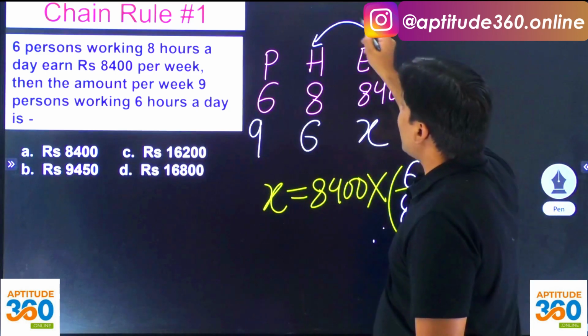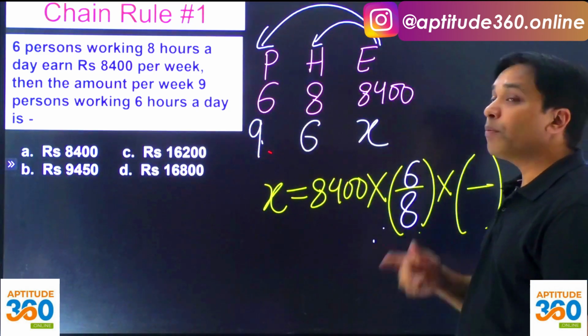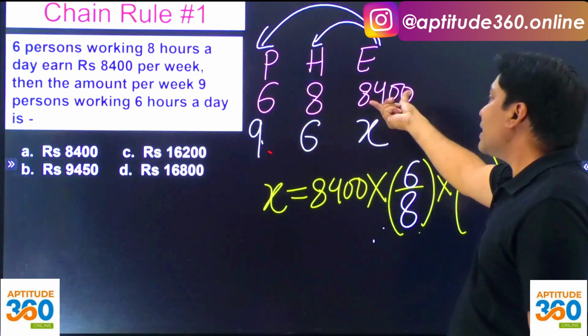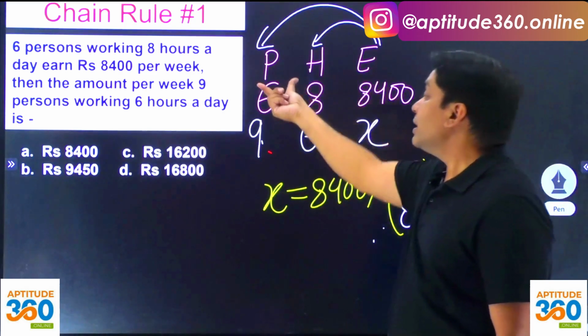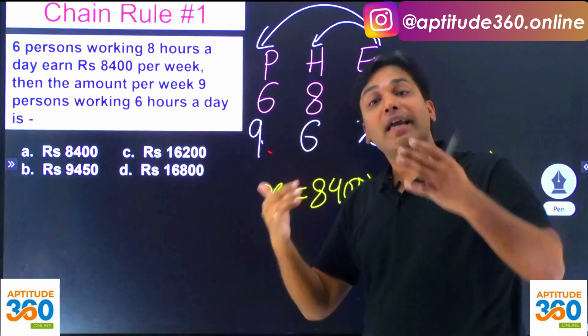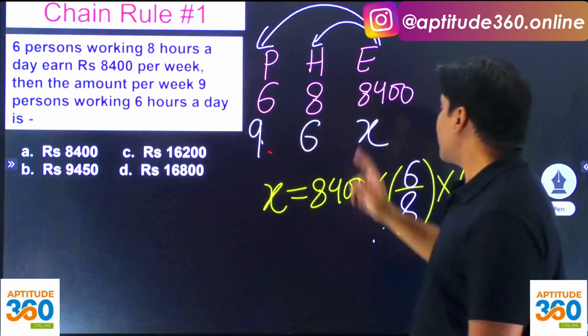And then I'm going to be comparing this variable with this variable. अब problem क्या बनेगा? When we have got 6 persons, they can collect 8400 rupees. Now we have got 9 persons, then how much money are we going to collect? आदमी बढ़ाया तो जो amount collected है that is going to be more than what? More than 8400.